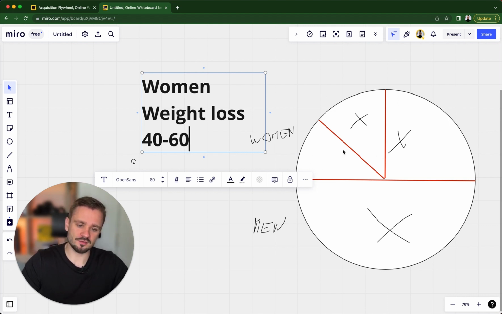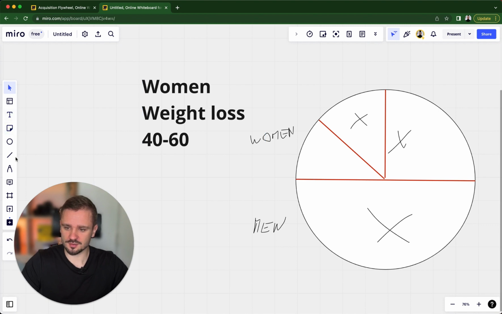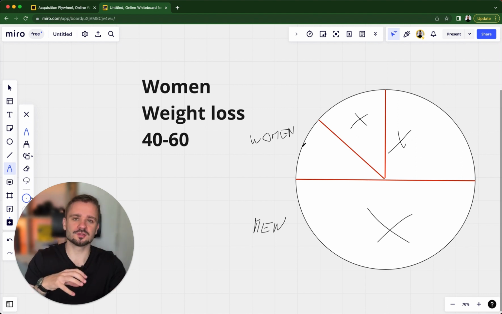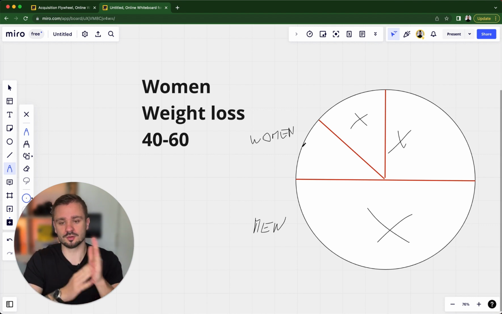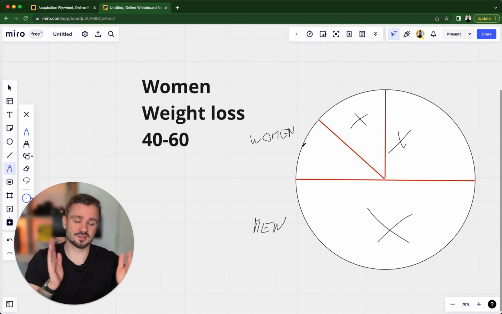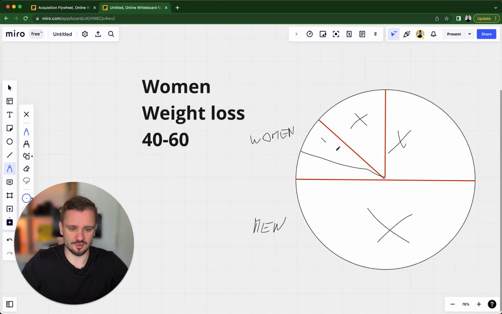And from there you say, now I really relate to women who are divorced. So women who want to lose weight, who are between 40 to 60 years old and are divorced. So you don't want to work with the rest, and you only have this many people left.